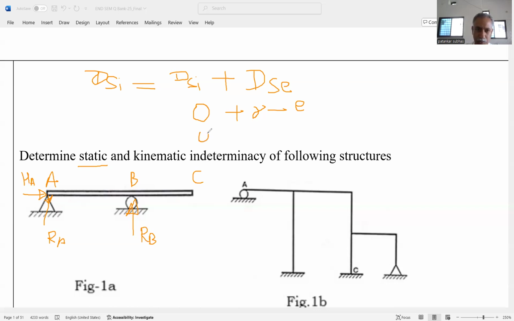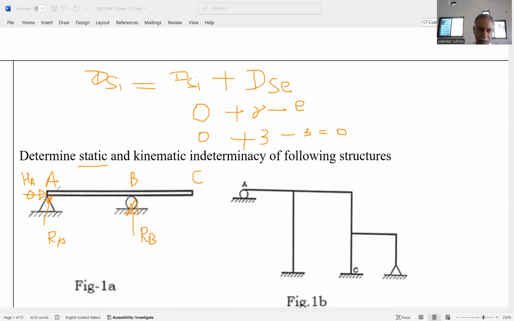So for the beam external, it is 3, and equations available is also 3, and that's why we get 0. So the degree of redundancy for this beam is 0. Now the question is, when we neglect the axial deformation, we can consider only two vertical reactions, and HA is considered as 0.